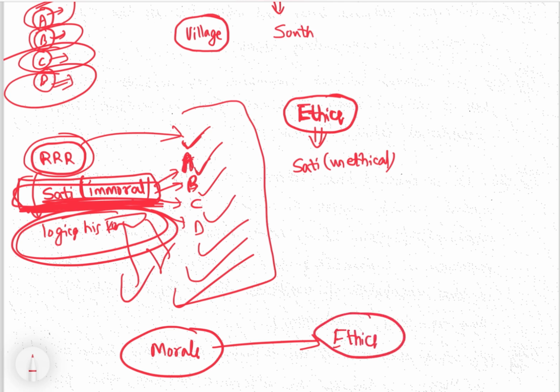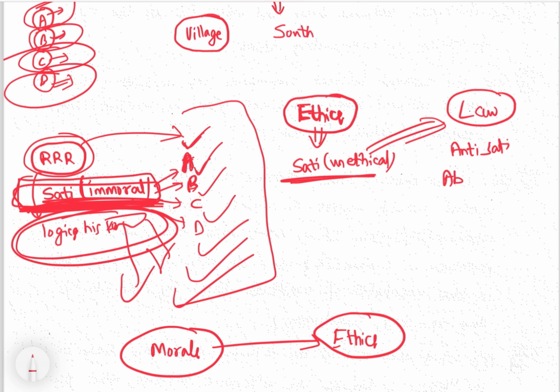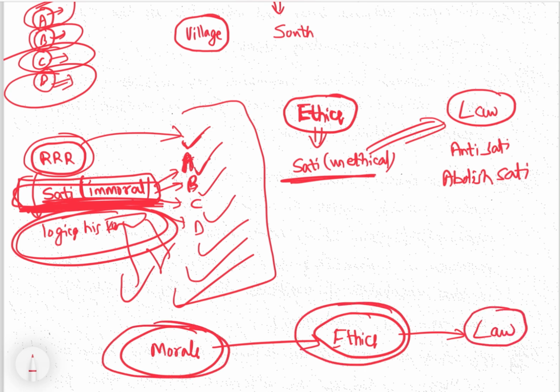And once everyone in society was convinced, they started convincing the government, the British government. Then the British government brought a law against sati. They abolished sati, okay, abolition of sati. So law came. So we got to law. So what we mean to say is, morals become ethics and ethics become laws.